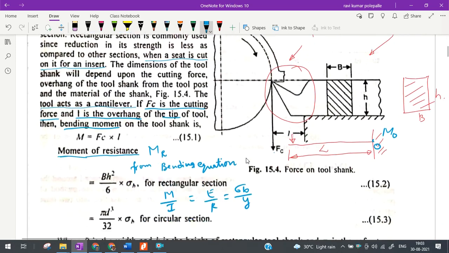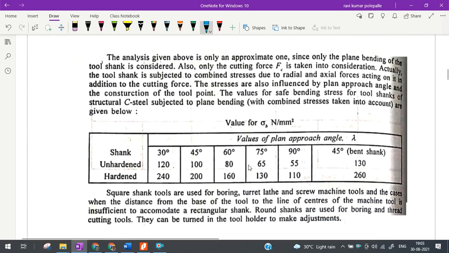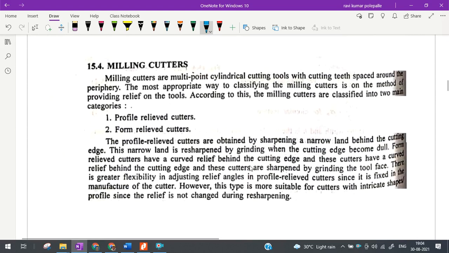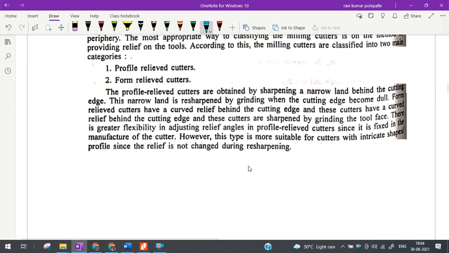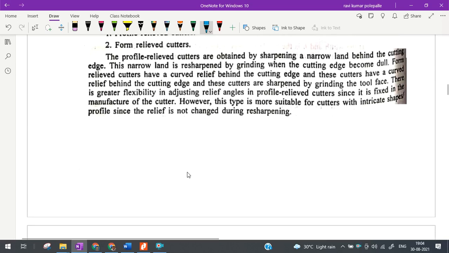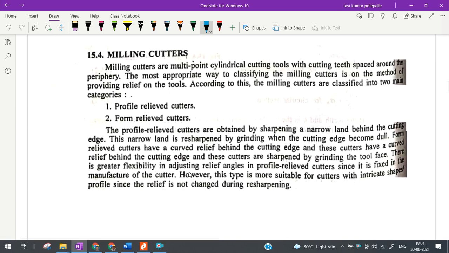Okay, next we shall talk about the design of milling cutters. So for milling cutters, the design is an exhaustive process. However, I will outline the important features that may be covered so that the milling cutter design is almost complete. Milling cutters are nothing but multi-point cutting tools.